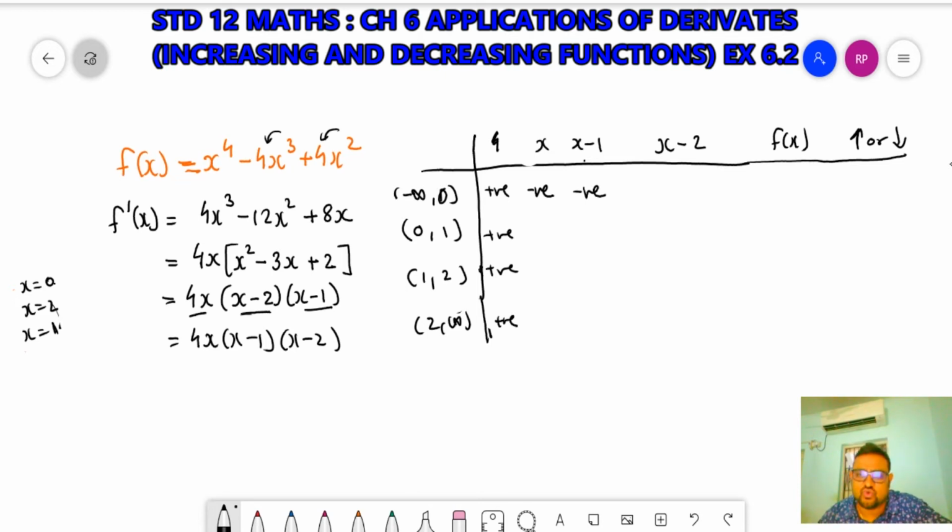Now x minus 2 means negative x minus 2, negative. So all three factors are negative. I can ignore 4 because it will always be positive. So three negatives make the answer negative. This is what f dash x will be negative, and f dash x negative is less than 0.